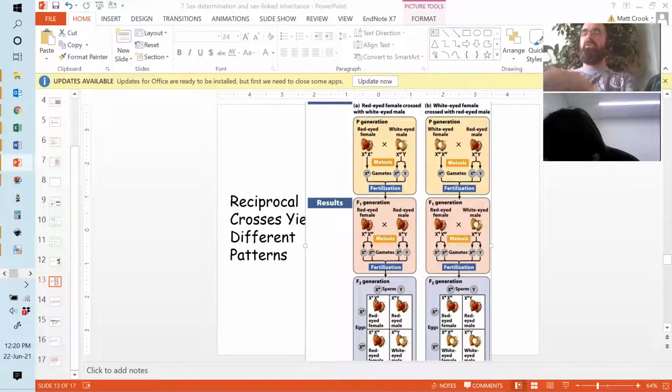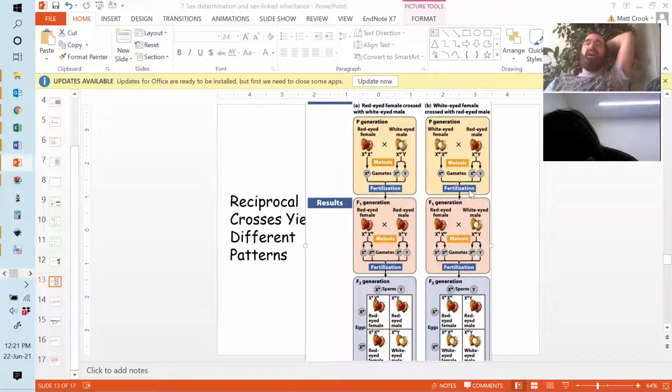They carry the trait but don't express it, because they're heterozygous and it's a recessive trait. Now you'll see that recessive allele pop back out and you'll get a white-eyed male, or 1/4 of your offspring will be white-eyed males.